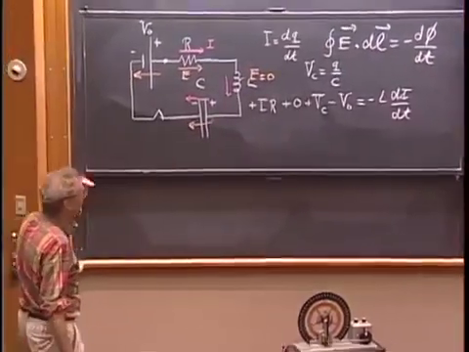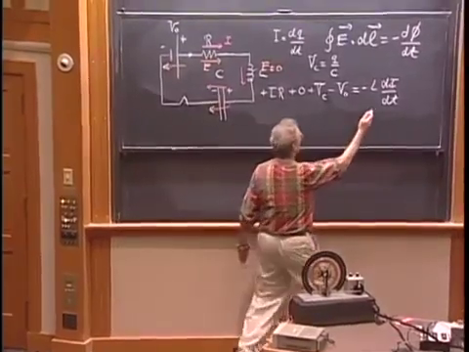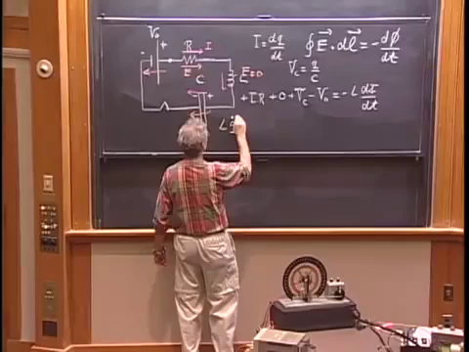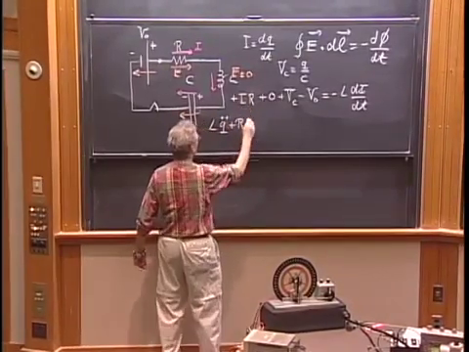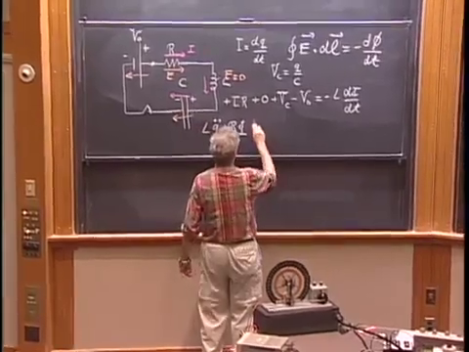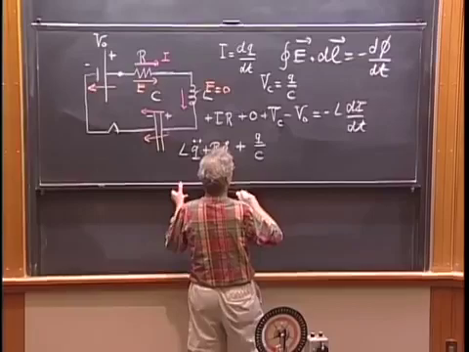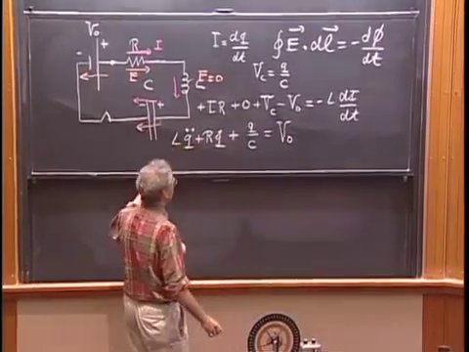So now I'm going to replace I by dq/dt, and I'm bringing L to the left. So I get L times Q double dot plus R times Q dot, because I is Q dot, plus Vc, which is Q divided by C, and that now equals V0.